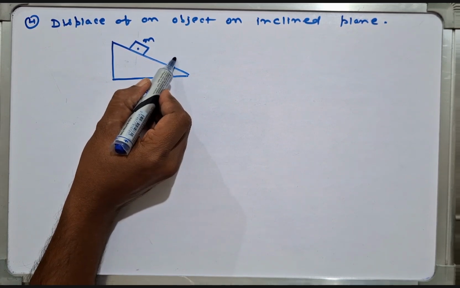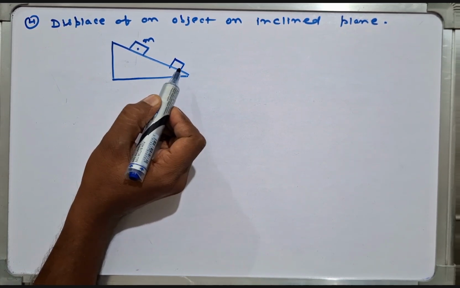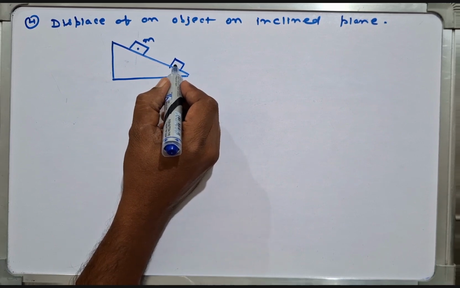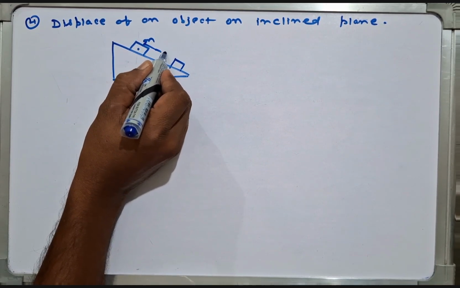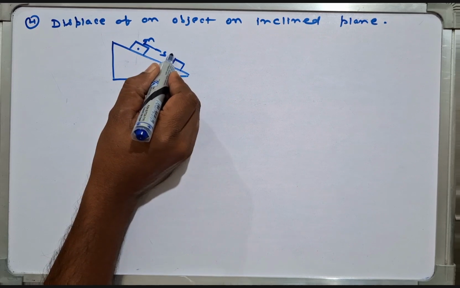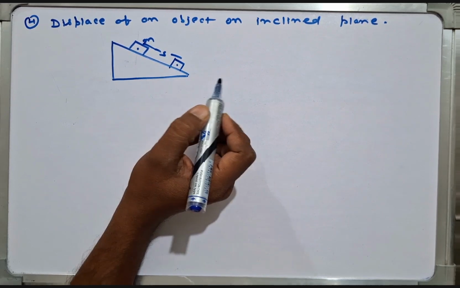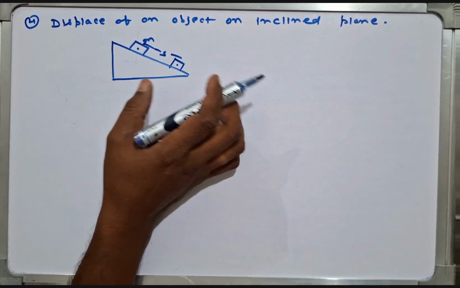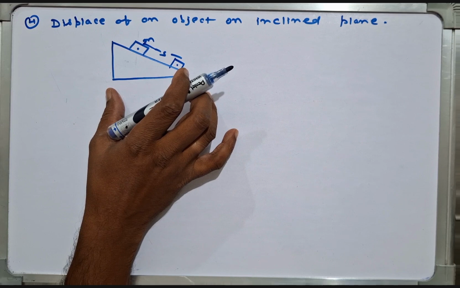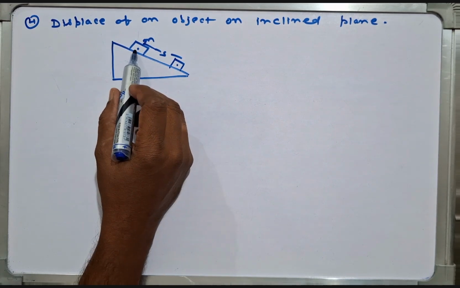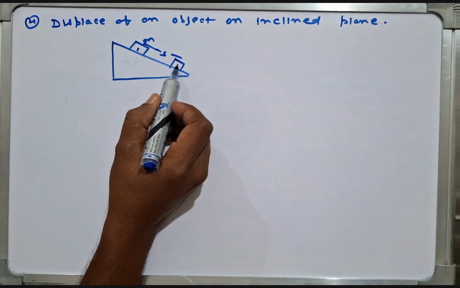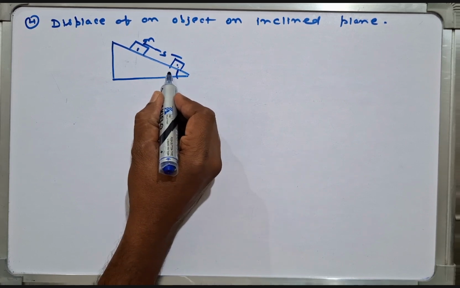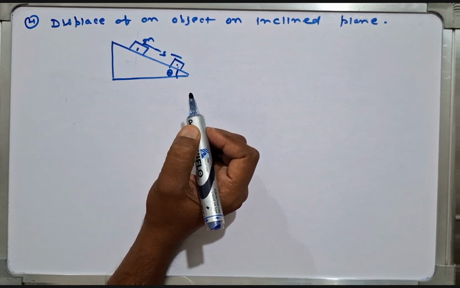Okay, now suppose it slides from here to here, displacement s. Okay, so what will be the work done by gravity due to the slide from here to here? Okay, suppose this angle is theta.